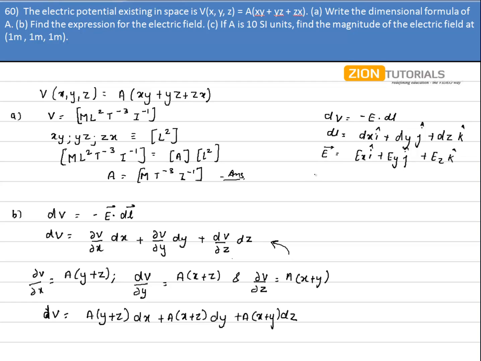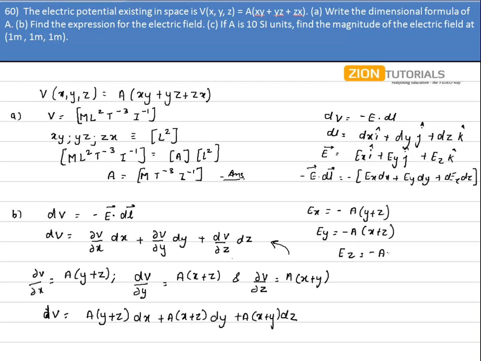So E dot dl, with the minus sign, can be written as minus of (Ex dx + Ey dy + Ez dz). Since dV equals minus E dot dl, comparing the coefficients of dx, dy and dz on both sides, we have Ex equals minus A(y + z), Ey equals minus A(x + z), and Ez equals minus A(x + y).